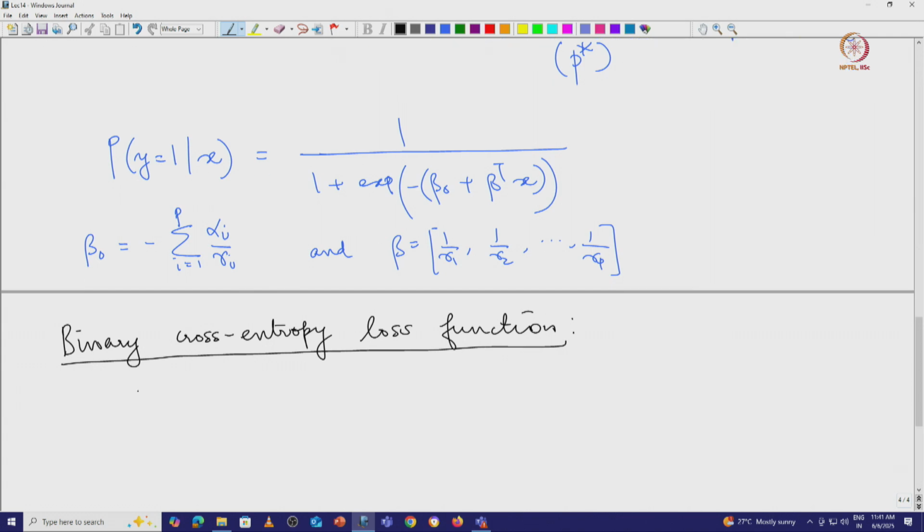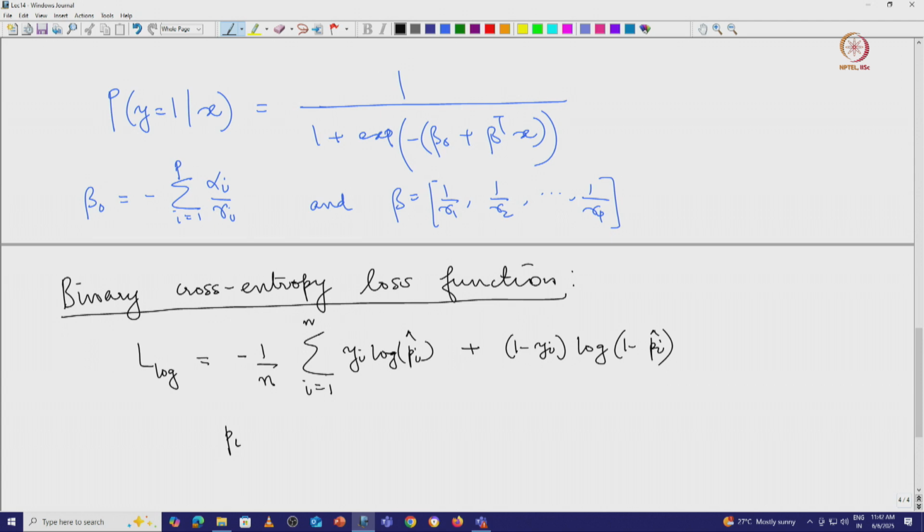So, in the same way for two classes, for a binary problem, this binary cross entropy loss function is defined as minus 1 over n, note the minus sign, sum i going from 1 to n of yi log pi hat, the probability that is predicted, plus 1 minus yi log 1 minus pi hat. Okay. And here your pi hat is the probability of y equals 1 given x equals xi.